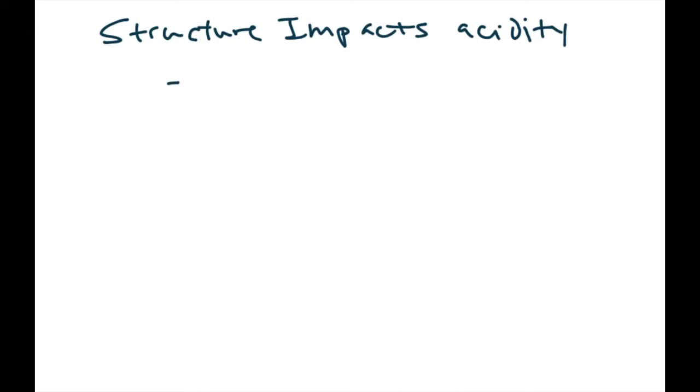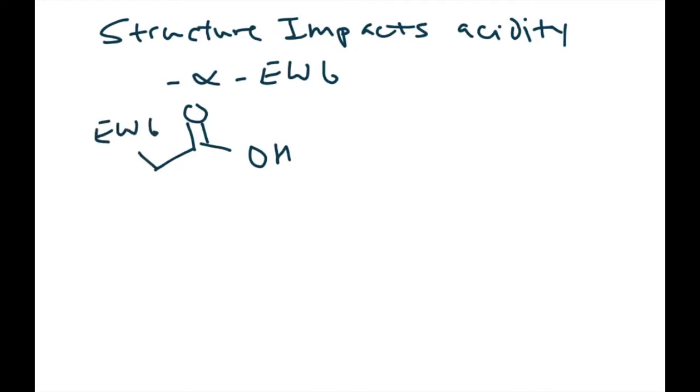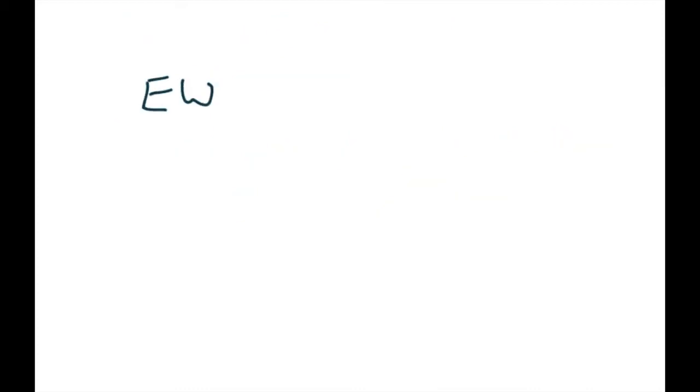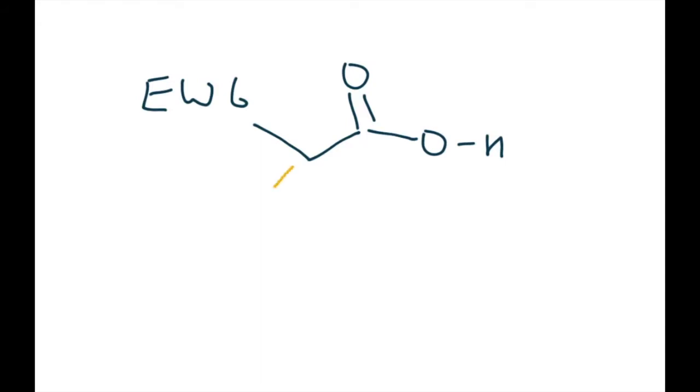So the thing that we see most doing this is alpha electron withdrawing groups. So you have your carboxylic acid and you have some electron withdrawing group. And this is more acidic than just the plain carboxylic acid. Why is this? When you have your electron withdrawing group, it's going to pull electrons towards itself, typically inductively, just through the carbon electron withdrawing group bond.